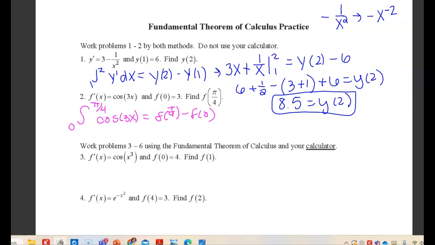You would technically need a calculator again, because, or I will show you, I won't give you any trig functions with a number inside.